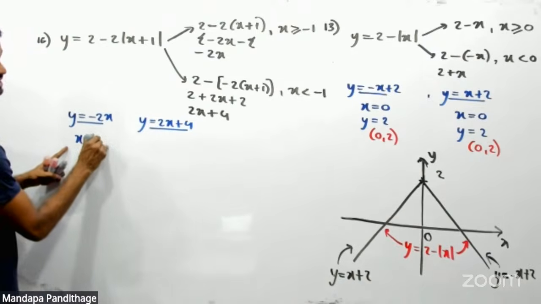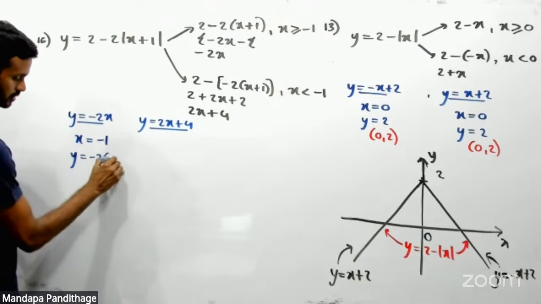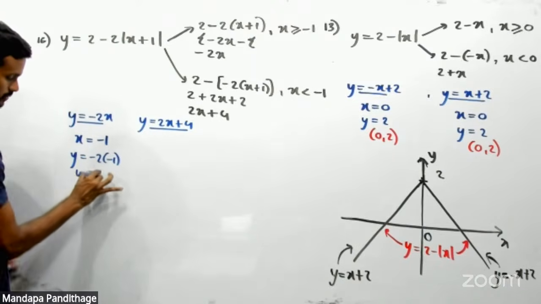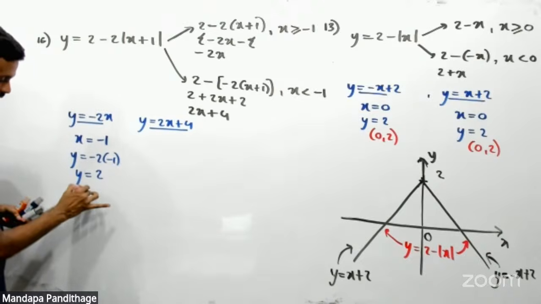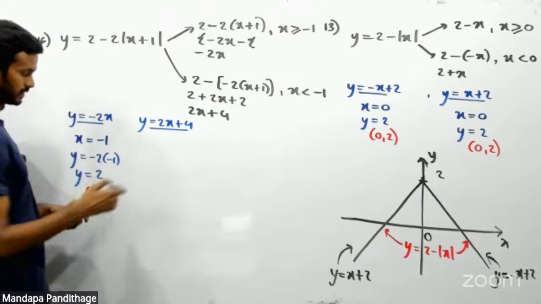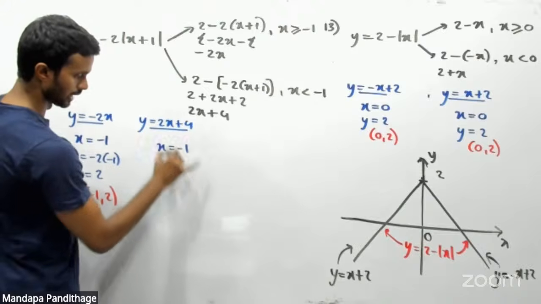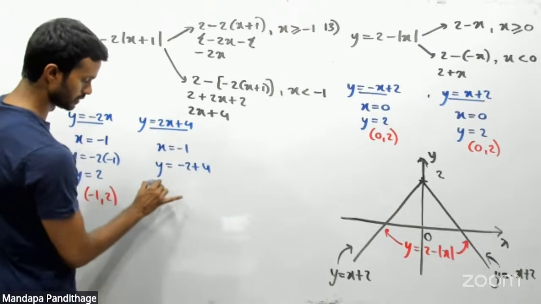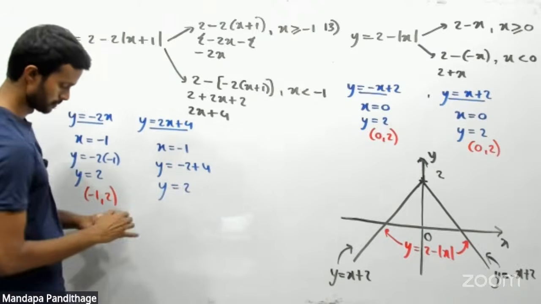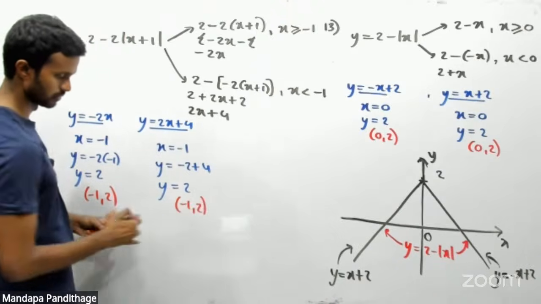So here when x equals minus 1, y equals minus 2 times minus 1, so y is equal to 2. So the turning point is minus 1 and 2. And for this one, when you substitute x equals minus 1, y equals minus 2 plus 4, giving you y equals 2. So it is minus 1, 2.